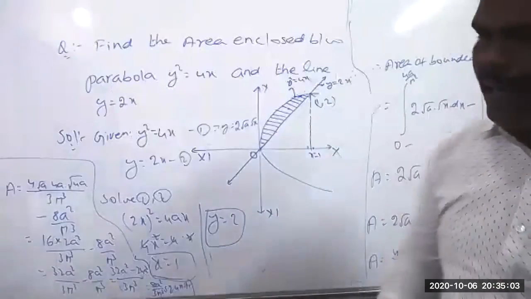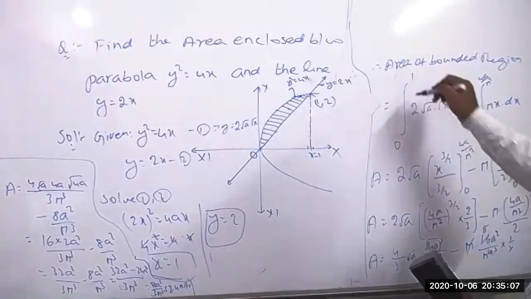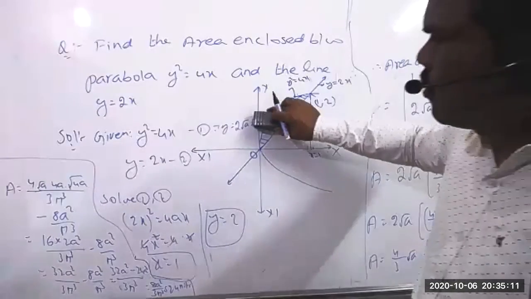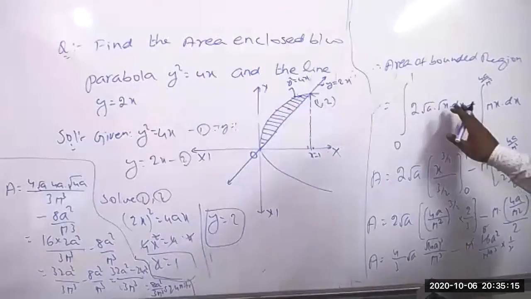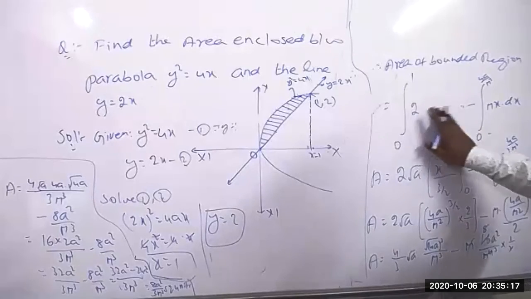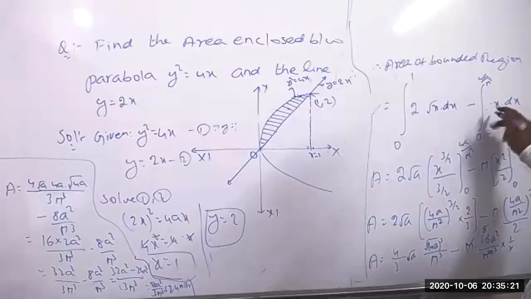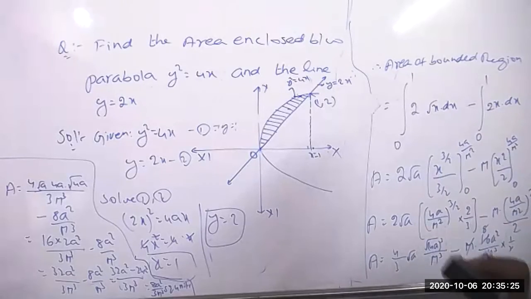So area of the bounded region is equal to integral from 0 to 1, and the value of y equal to root 2 into root x, so 2 into root x into dx, and this is the 2x into dx. Here also 0 to 1.